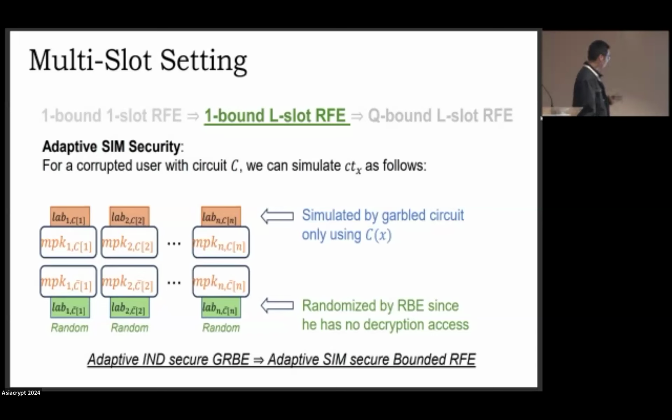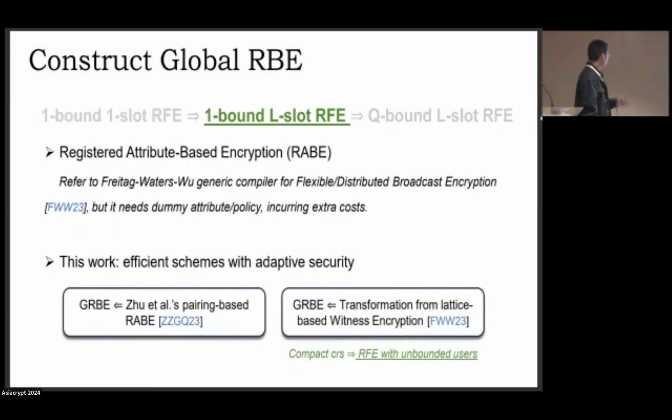The adaptive and secure GRB can be used to construct adaptive simulation secure bounded RB. So the next problem is how to construct this new primitive, global RB. Intuitively, our first method is to rely on register attribute-based encryption (RAB), because this primitive is powerful enough to cover the functionality of RB.